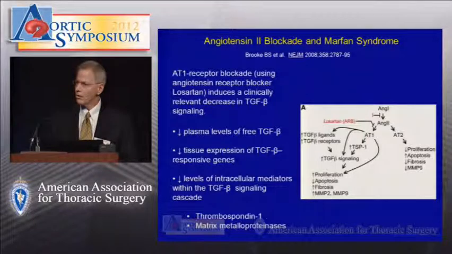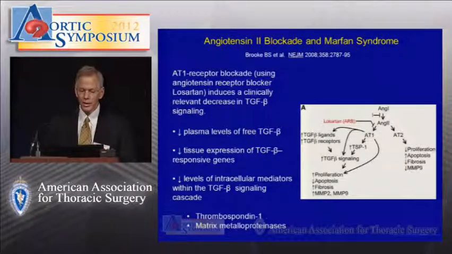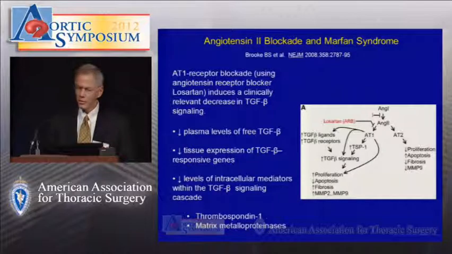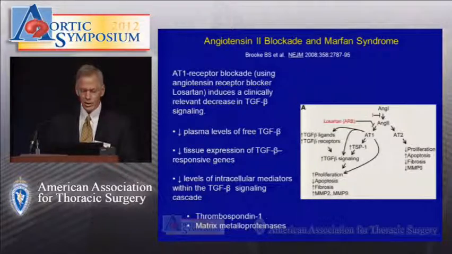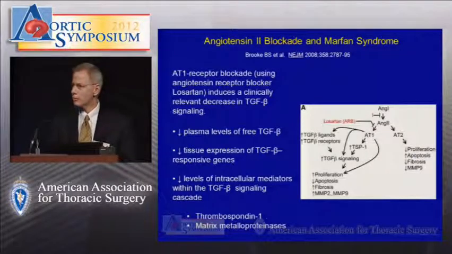And angiotensin also has an important role in TGF-beta signaling. Angiotensin-1 receptor blockade with the ARB drug losartan can induce decreased TGF-beta signaling. One can measure decreased TGF-beta levels, decreased TGF-beta responsive genes, and decreased mediators in this signaling cascade, including matrix metalloproteinases, giving a target for potential therapy in Marfan syndrome and potentially other disorders.